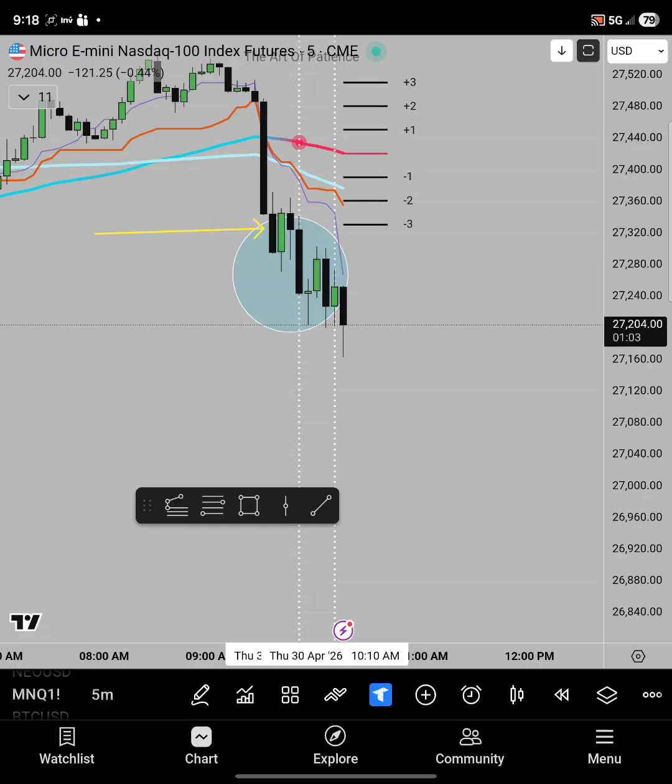Let me add a line here. Okay, so we took out that low there at 27,186. Beautiful low. Obviously there's still potential for price to continue lower, but since price delivered into that low, I want to be cautious.